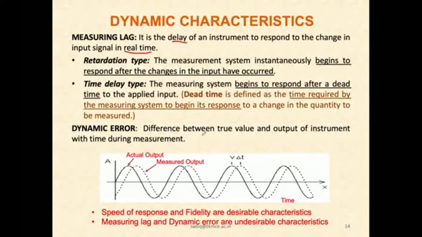Another term is dynamic error. It is the difference between the true value of the parameter and the output given by the instrument with time during the measurement process itself. I will give an example. You might have done cutting force measurement on a lathe, using a dynamometer to measure the force.